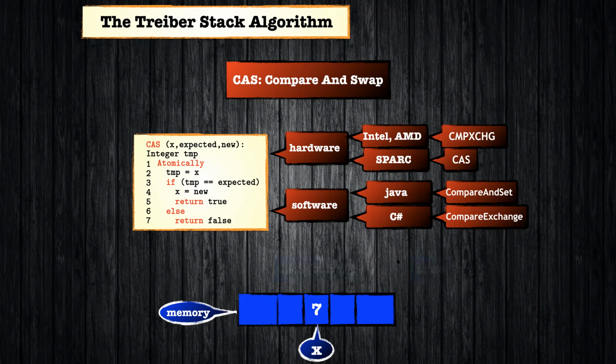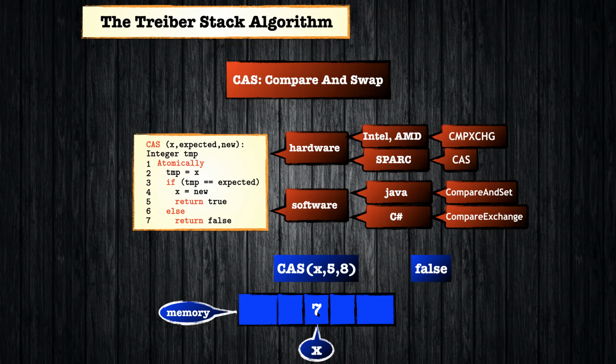If not, if you try to apply the CAS operation to this memory configuration, then it observes that the value of x, 7, is not equal to the expected value. So it just returns false without changing the value of x. So again, a CAS operation is successful if the value of x currently is equal to expected.